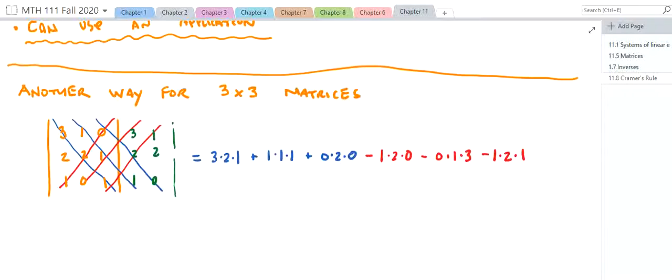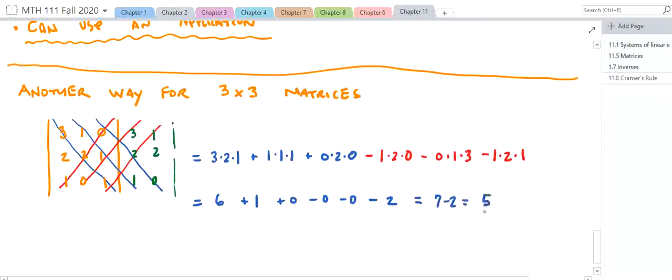And you just add those up. You might think this is easier than the cofactor method, but it really doesn't take any less time if you understand the cofactor method. The cofactor method you could really do pretty quickly. So simplifying this, we get 7 minus 2 equals 5. Same answer that we got before.